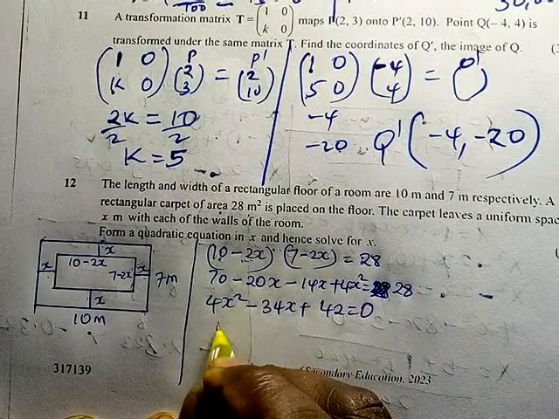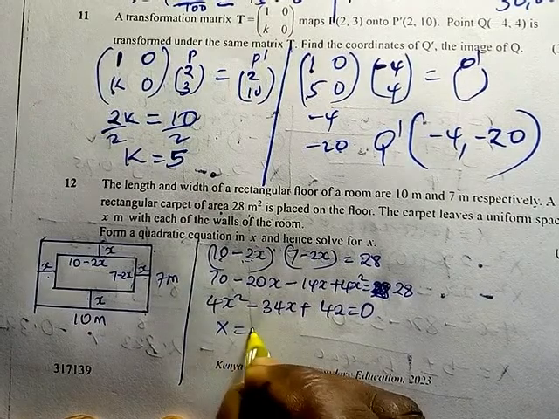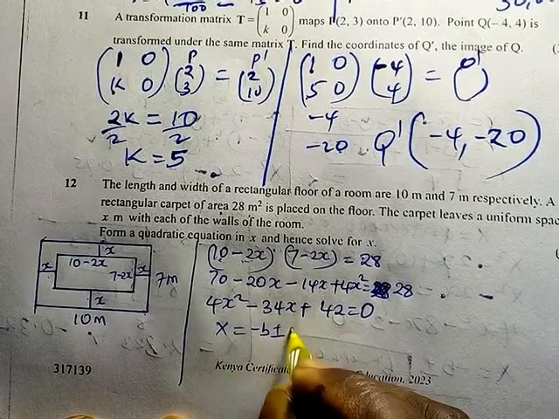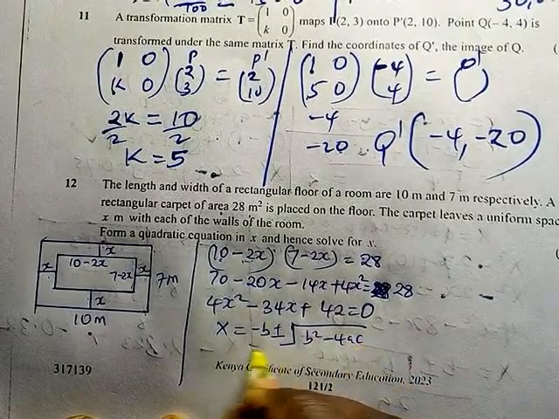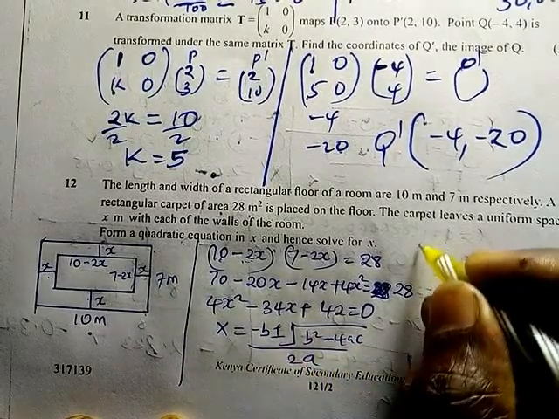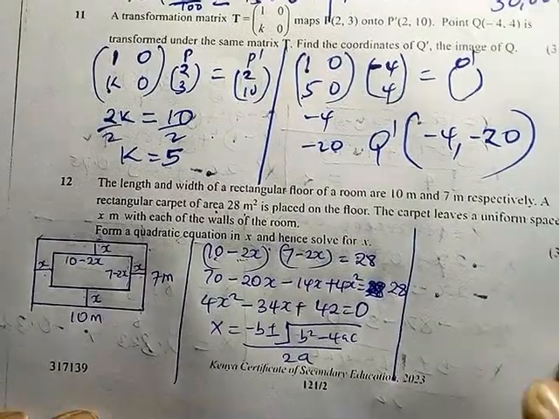We are going to use the quadratic formula, x equals minus b plus or minus the square root of b squared minus 4ac, divided by 2a. That one is going to give us the value of x.